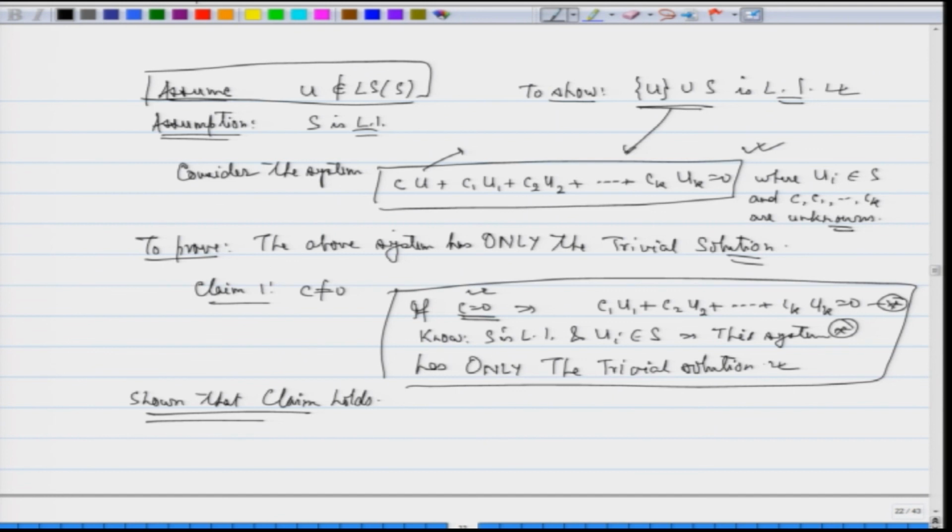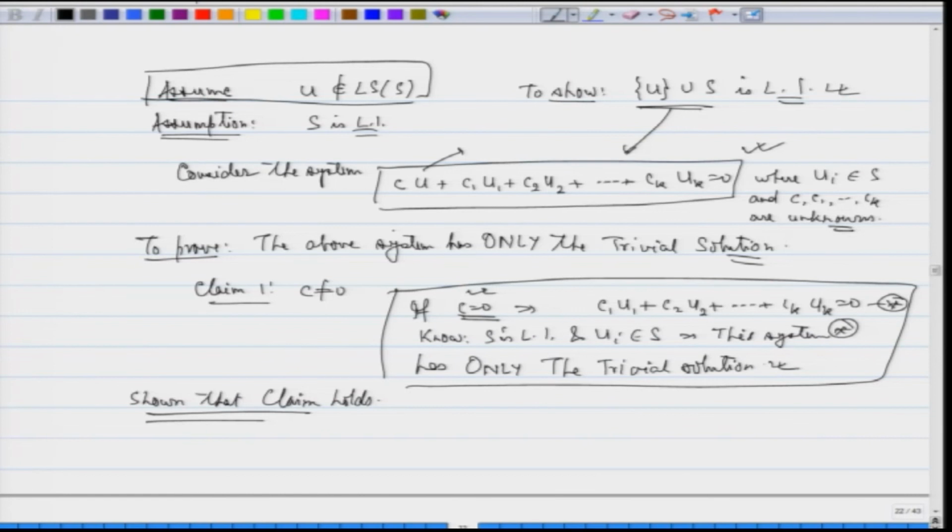If C is 0, then we are solving a system of equations where the vectors are coming from S, and those vectors are already linearly independent, so that gives me the trivial solution 0, 0, 0. So, if C is 0, all the Ci's are 0.